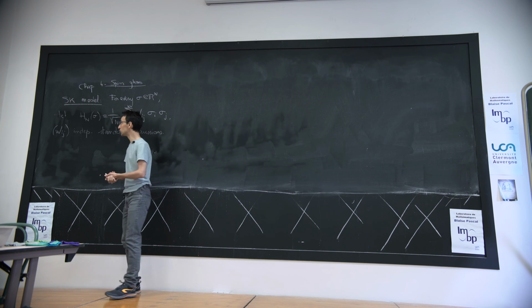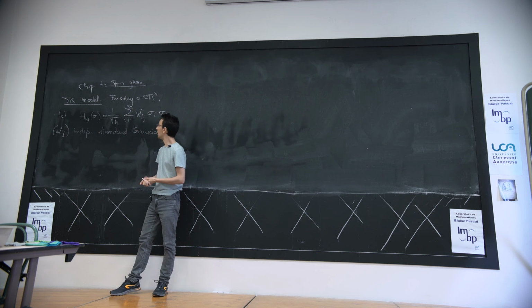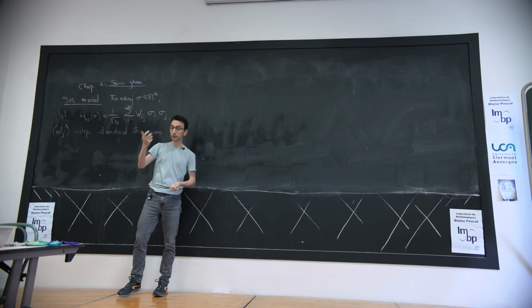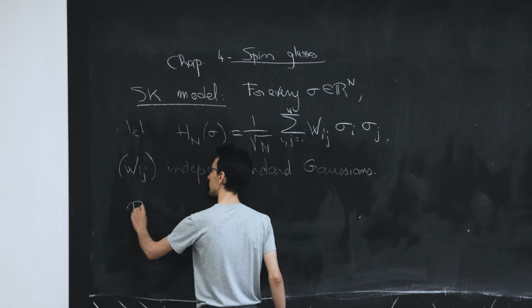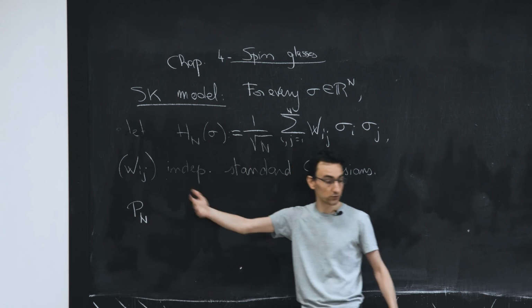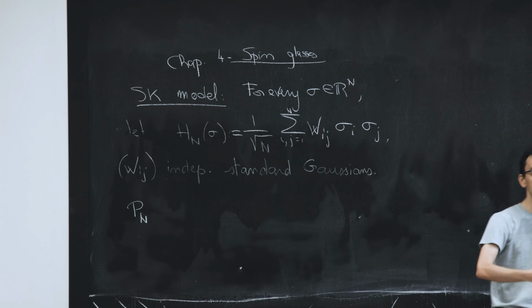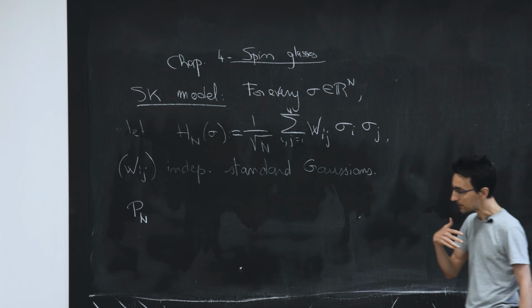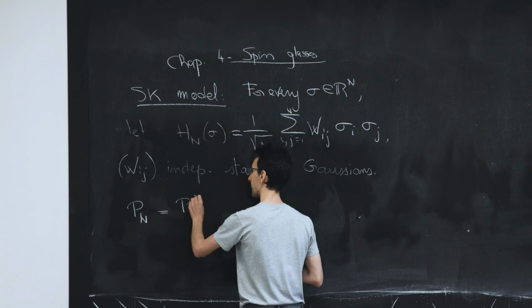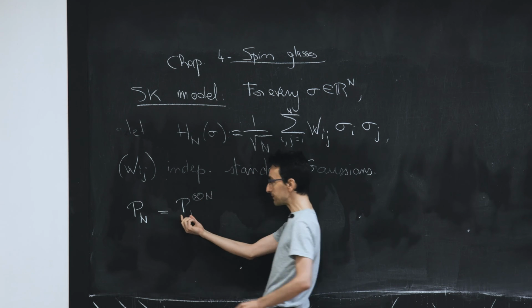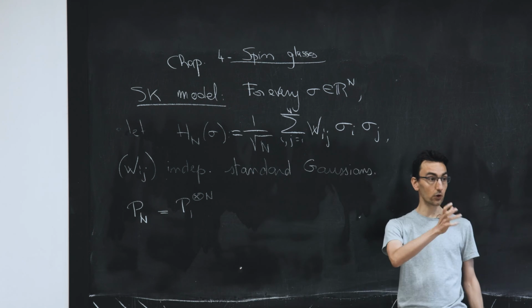It's going to simplify our lives to consider this case. So often, when I talk about the SK model, I'm going to assume that the measure P_n, which in general is just some probability measure on R^n, is actually of product form, and moreover with P_1 being supported on plus or minus 1.